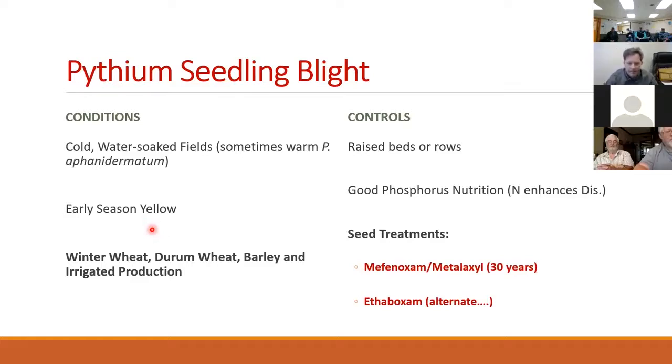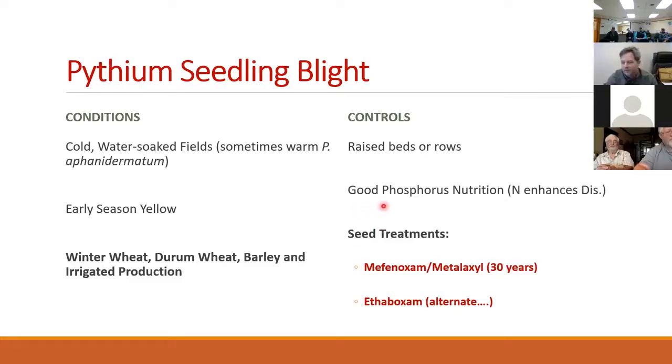For this disease, we see the best responses from seed treatments for winter wheat, durum wheat, barley, and irrigated production. Spring wheat most times tends to escape this disease. Practices that people use for controlling Pythium include, not you guys, not for wheat, but for sugar beets, they'll use raised beds or rows.